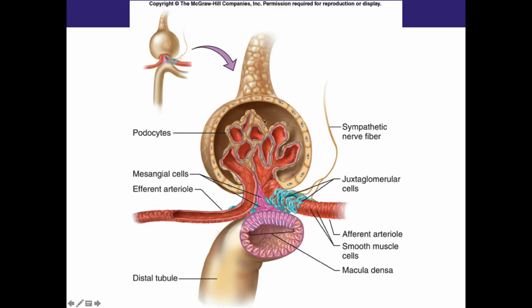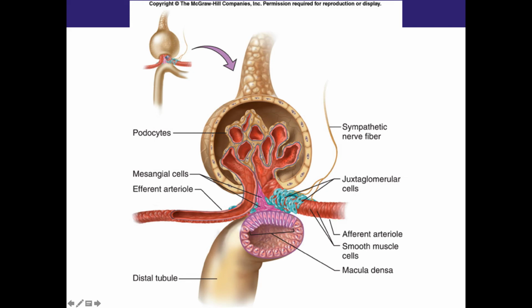Filtration occurs, right? Fluid is forced from the capillaries into this space here called Bowman's space, and then forced into the proximal tubule. The remaining blood in the capillaries flows out of the efferent arterioles, has to go through the vasa recta, right?